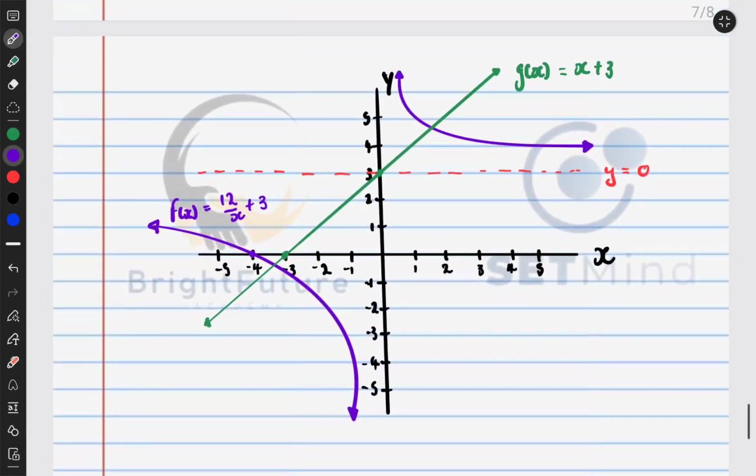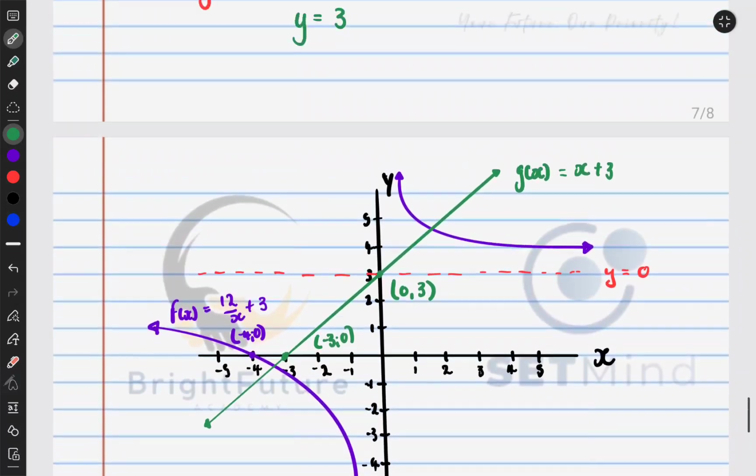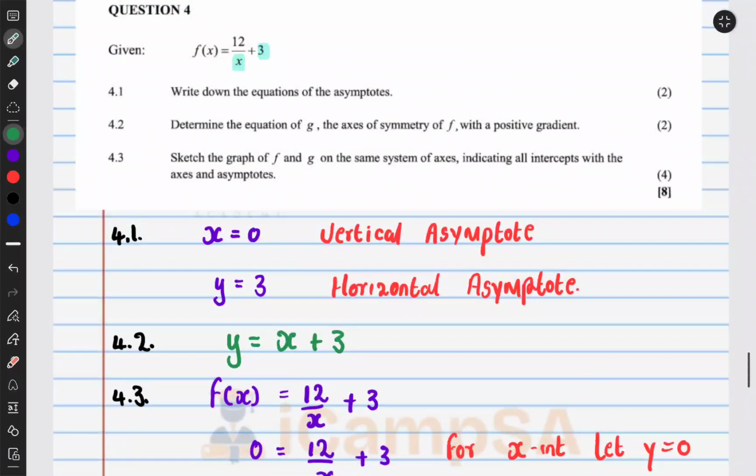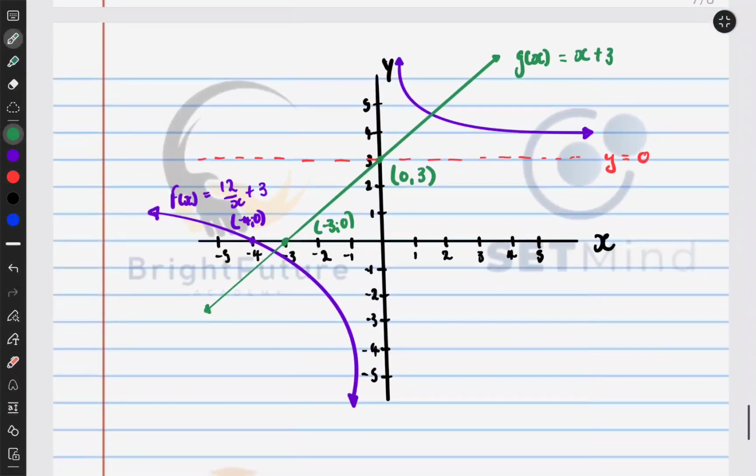Here we have negative 4 and 0, and then here we have negative 3 and 0, and then we have 0 and 3. Okay, and there you have it, and this is how your function will actually come out.